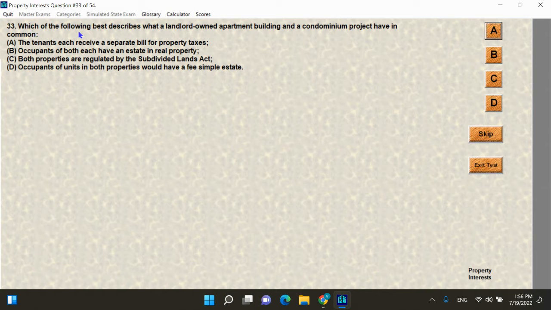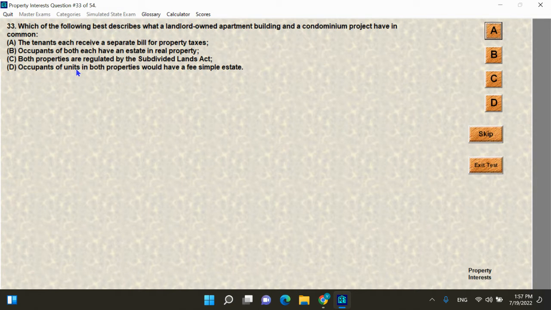33. Which of the following best describes what a landlord-owned apartment building and a condominium project have in common? A. The tenants each receive a separate bill for property taxes. B. Occupants of both each have an estate in real property. C. Both properties are regulated by the Subdivided Lands Act.